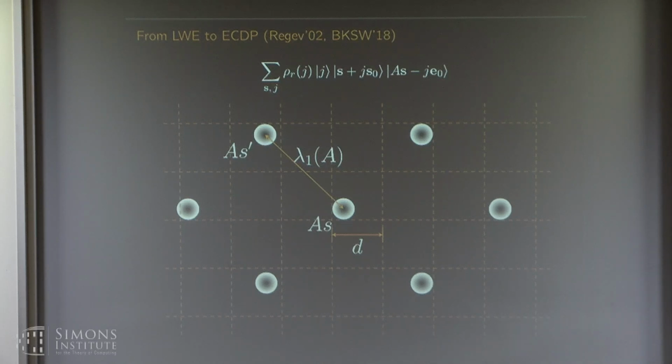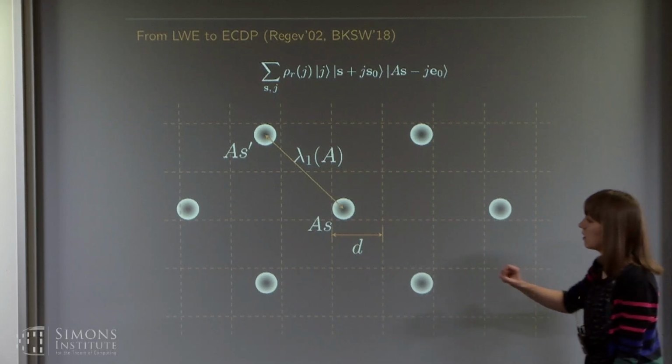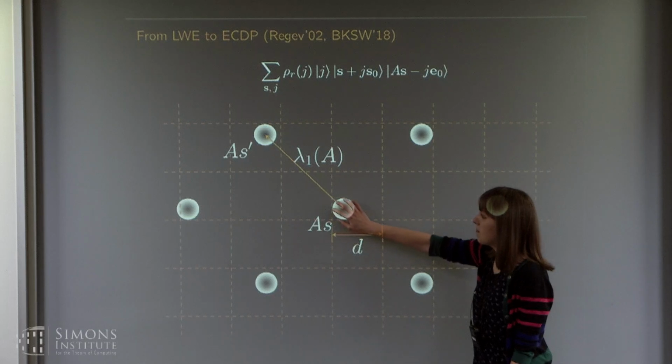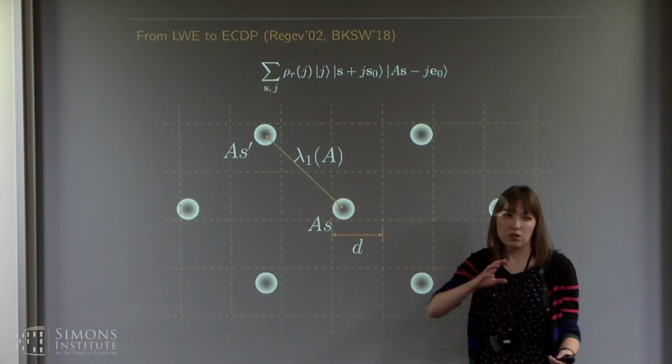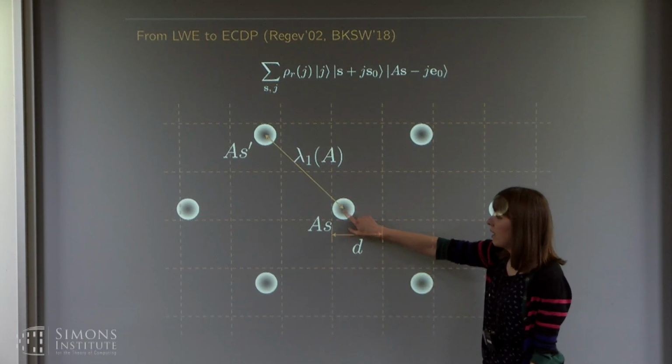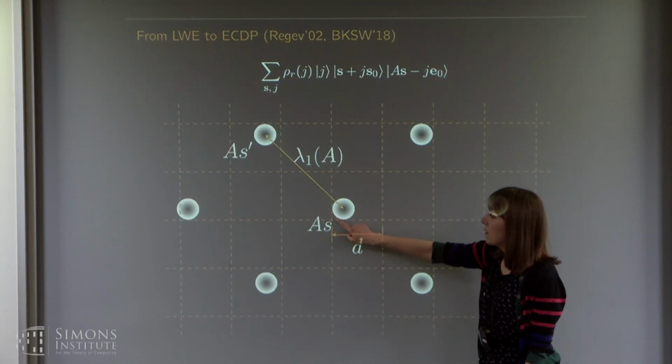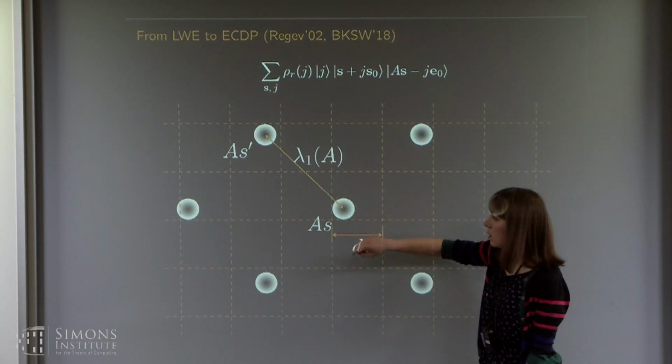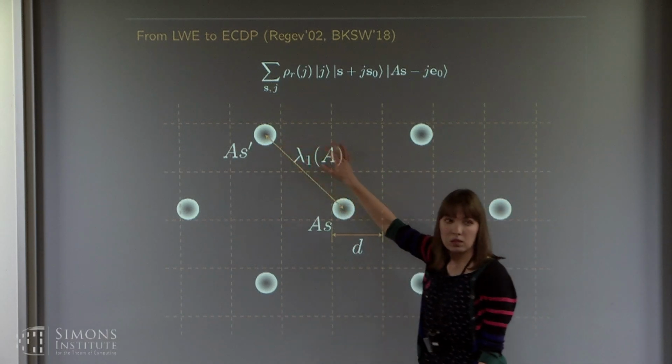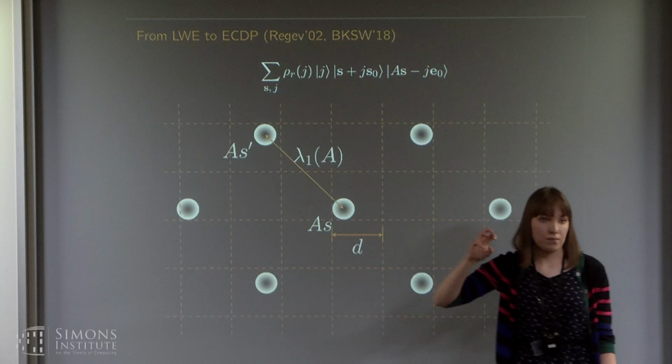And I choose my d such that these kind of balls, well, we just discovered they're not balls, but actually small shifts of AS, lie in the same cube, but none of the two lie in the same cube.